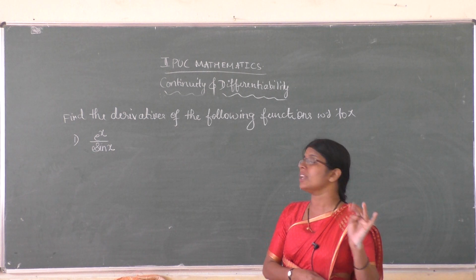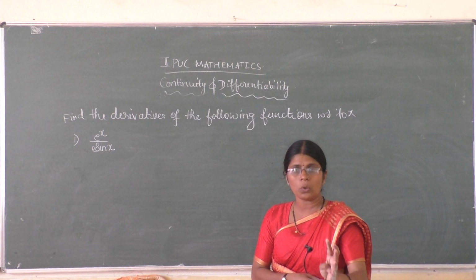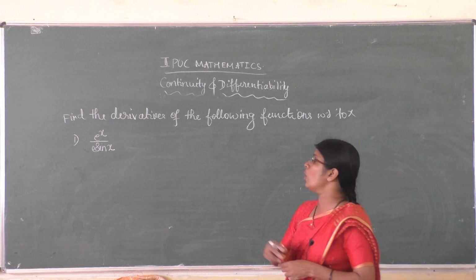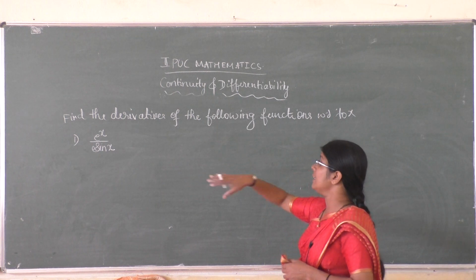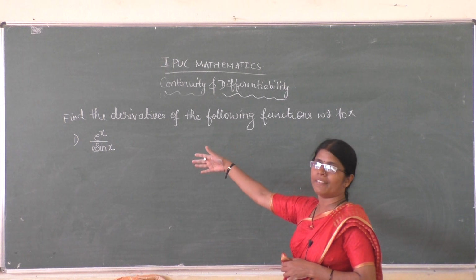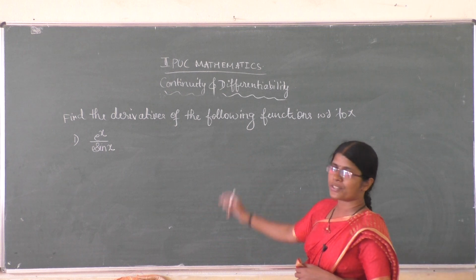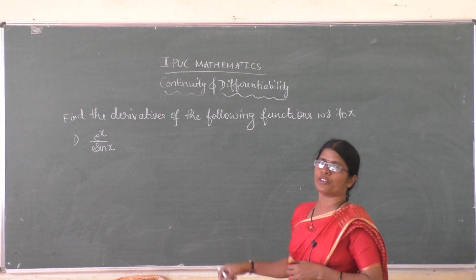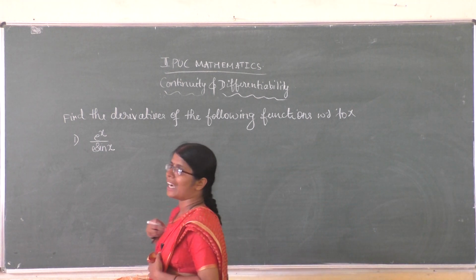These rules of differentiation we studied already, so only these rules we can apply, but the functions are different. Here, for your standard derivatives, you added two more functions, inverse trigonometric functions, and now you got two more functions, that is exponential and logarithm.